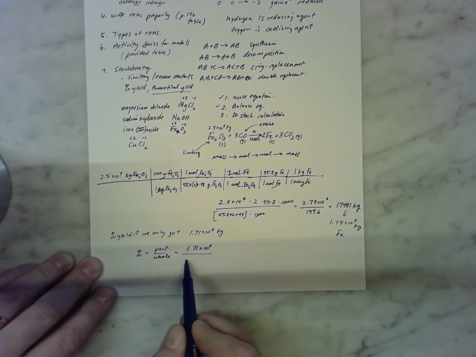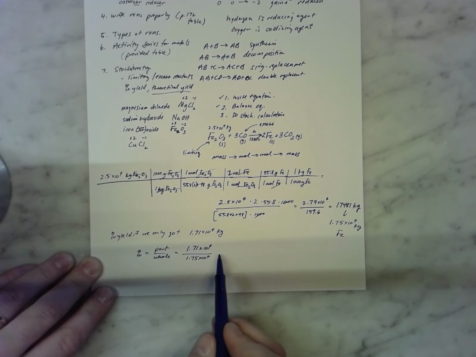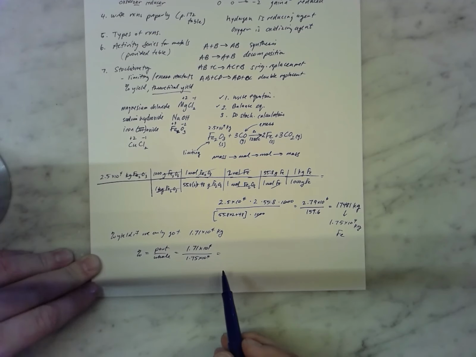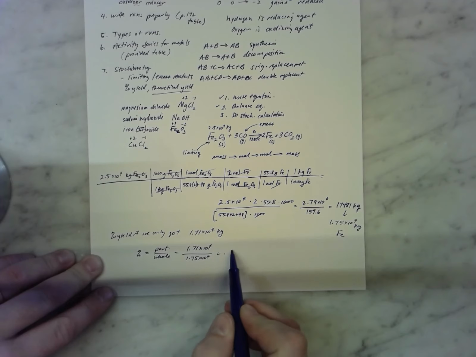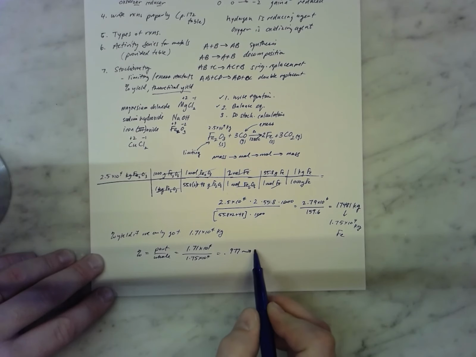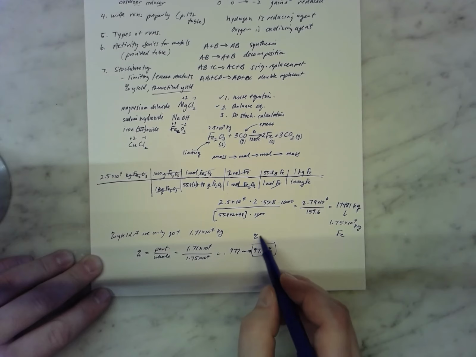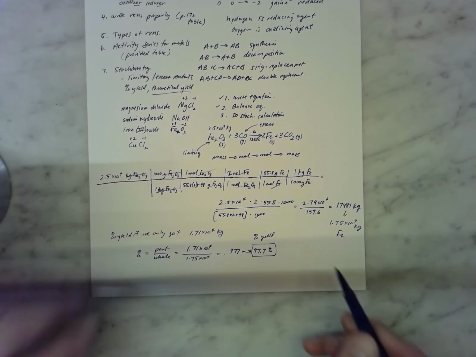And the whole would have been 1.75 times 10 to the 4th. Okay. And when we put that in our calculator, we get 0.977, which goes to 97.7%, which is our percent yield. Okay.